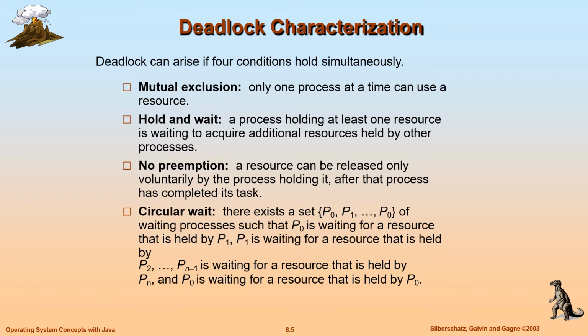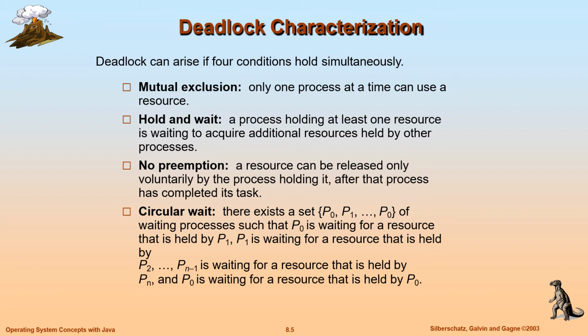That is called a deadlock. Third one is no preemption: a resource can be released only voluntarily by the process holding it, after that process has completed its task.